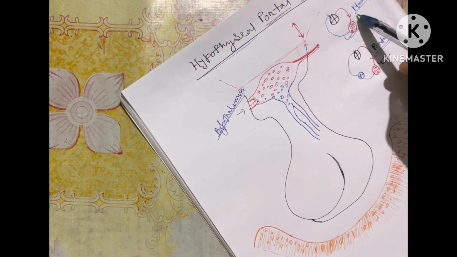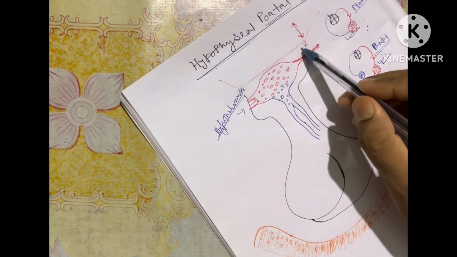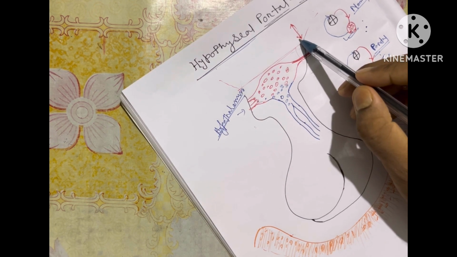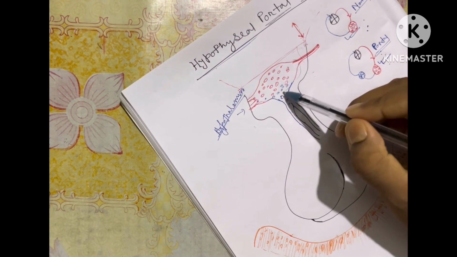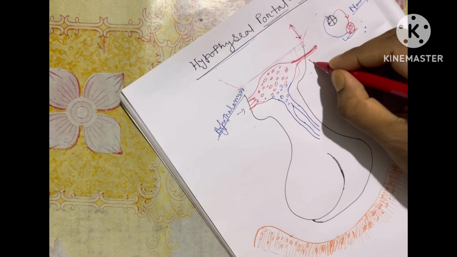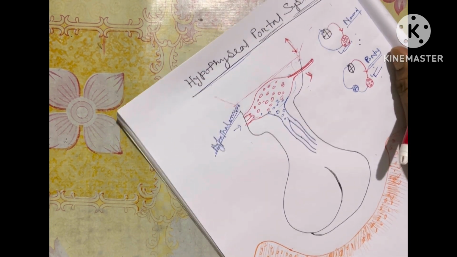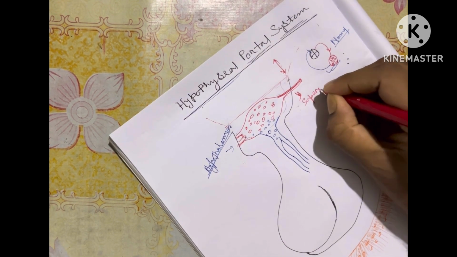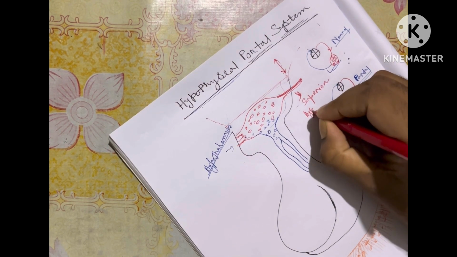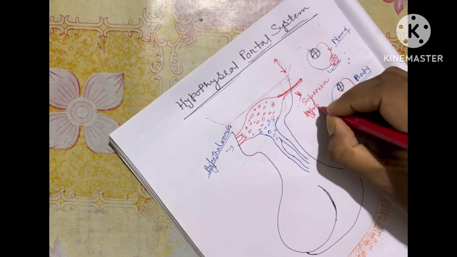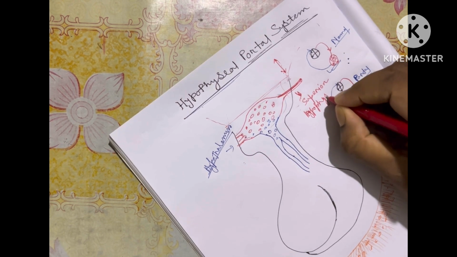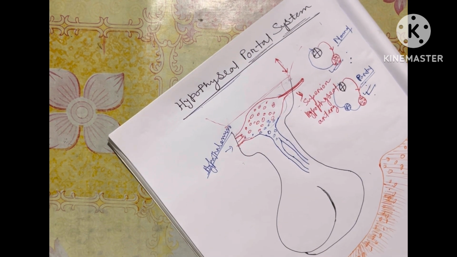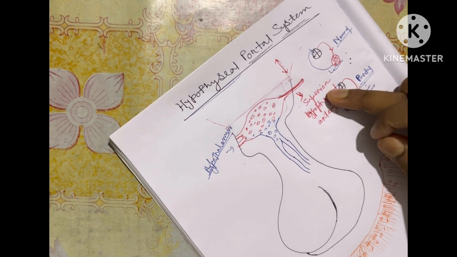So now this is the hypothalamus, which is present just above the median eminence, and this is the artery. The name of this artery is the superior hypophyseal artery.